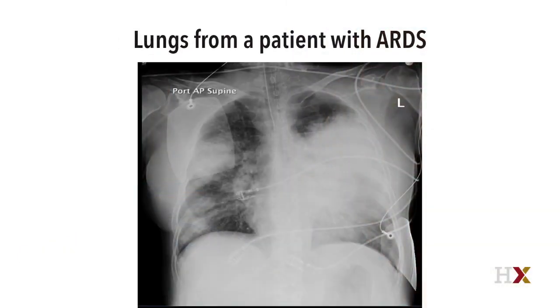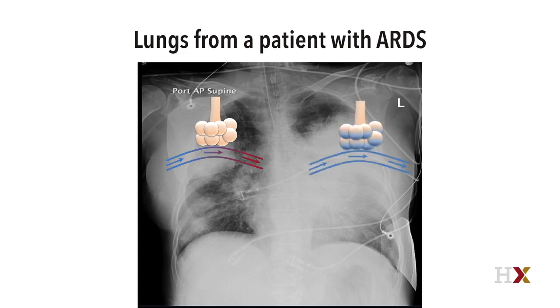When we look at the lungs of a patient who has ARDS, we see a lot of heterogeneity. Here in this X-ray, we see a profound example of that. We see areas up here that have normal ventilation perfusion and are participating relatively regularly in the process. There's a large area over here, profound edema and consolidation and infiltrate.